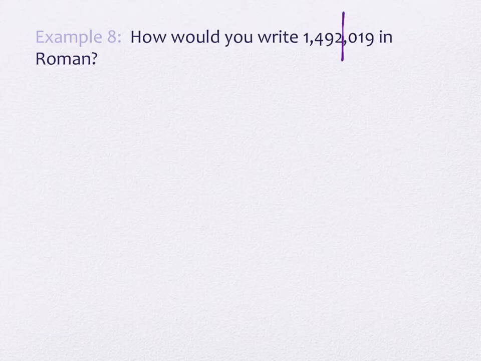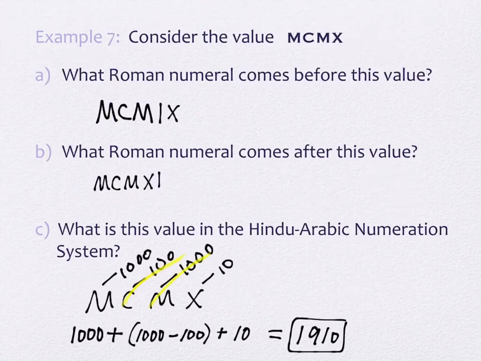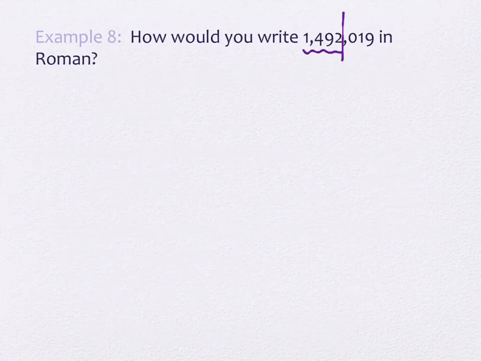So I'm not going to need to put a bar there, and the reason is that this number is smaller than 4,000. It's the same thing I was talking about over here. The number is 1,000 and some change, and I have a way to represent that. And if I put a bar on top of something that's already 1,000, I'm going to get 1,000,000. So it's only necessary to put that vertical line in the one place where the second comma is.